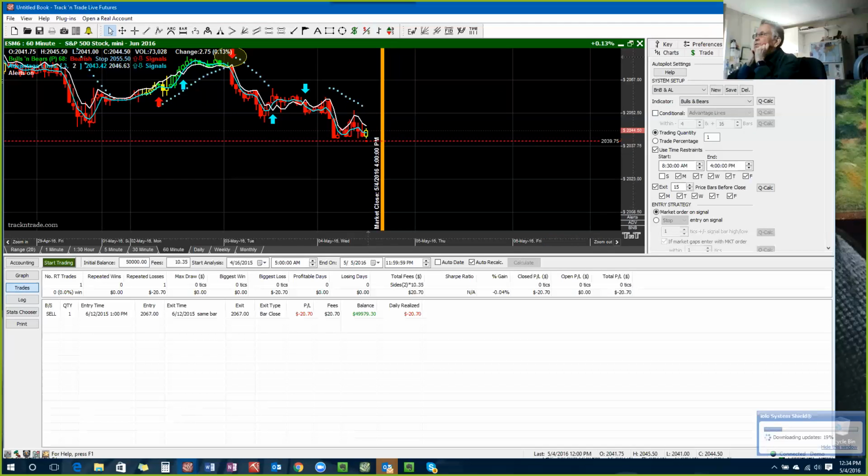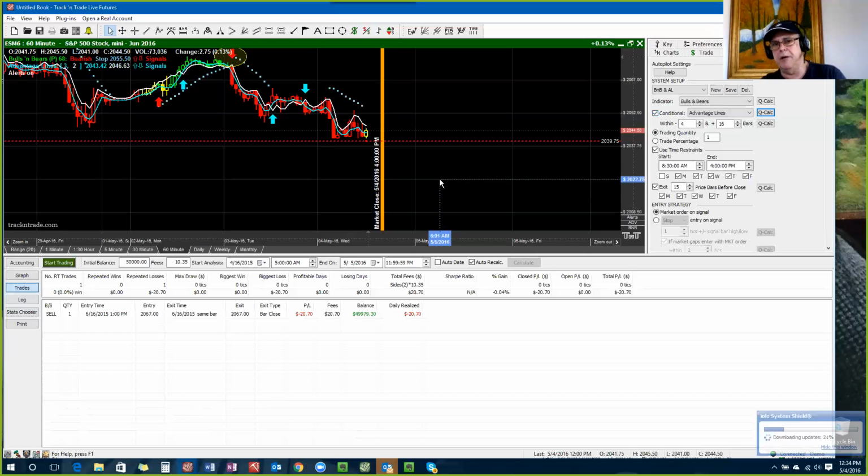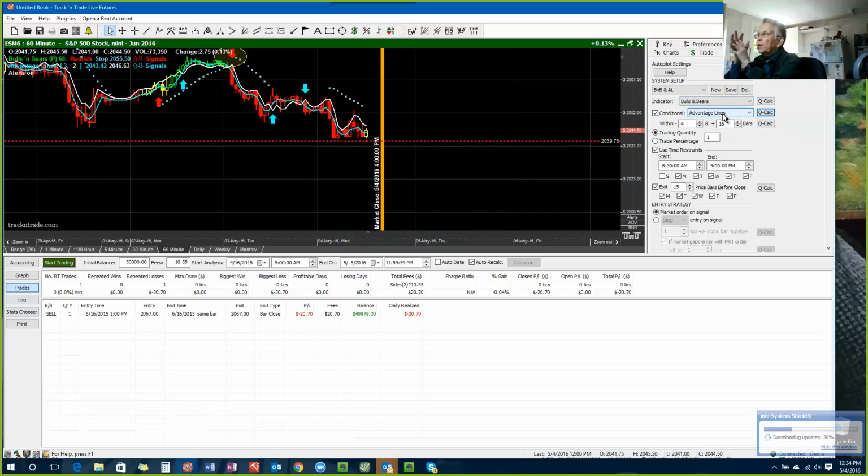Okay, good. And it may work better using a conditional. You may want it to have 2 conditionals. You might want to say, okay, I want a bulls and bears sell signal if I want to go short, but I want an advantage line there also. So it wouldn't trade until the advantage lines kicked in.